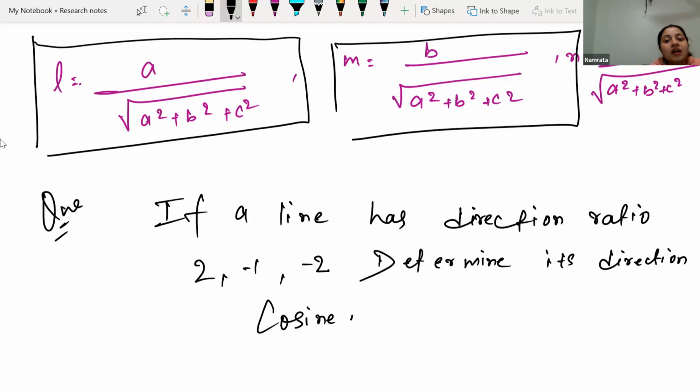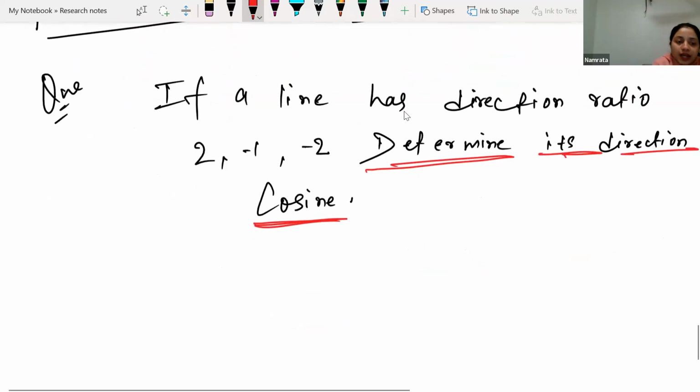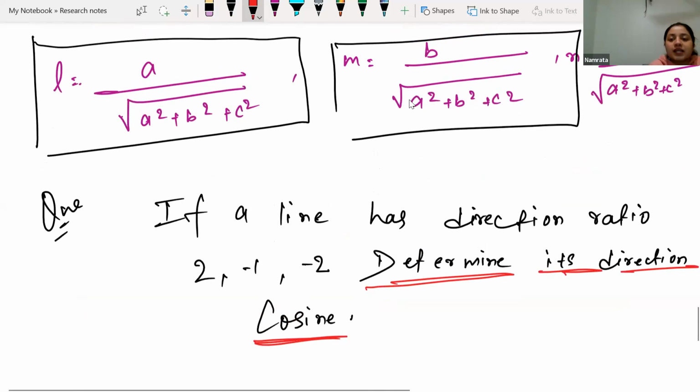L, M, N are direction cosine. So here we have to find L, M and N. How will we find them? The line has direction ratio 2, -1, -2. This is the a value, this is the b value, this is the c value.